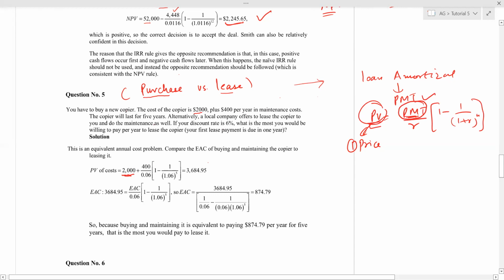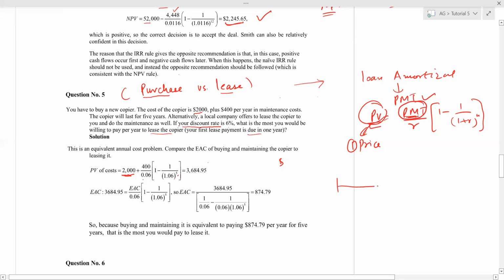The copier will last for 5 years. Since it's 5 years and it is every year, you don't need to make any adjustment. So 400 divided by 0.06, where 6% is the discount rate here. If your discount rate is 6%, what is the most you would be willing to pay per year to lease the copier? Your first lease payment is due in 1 year.